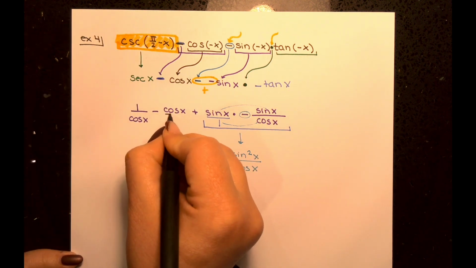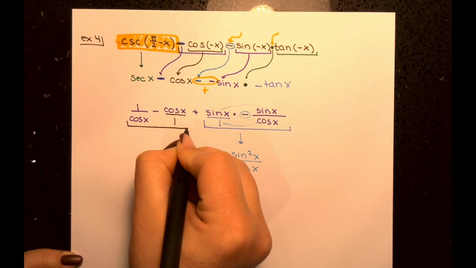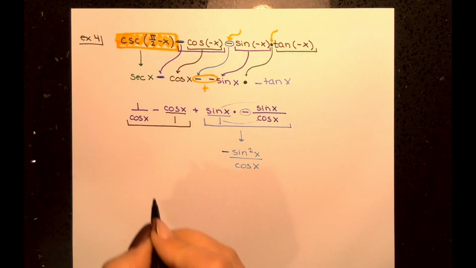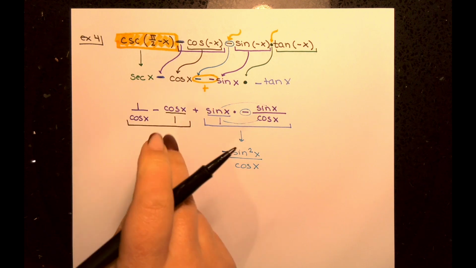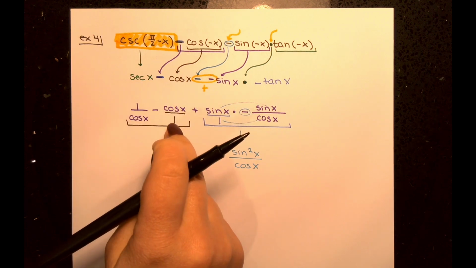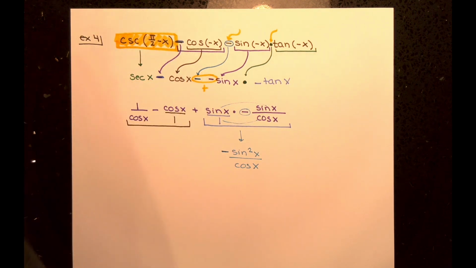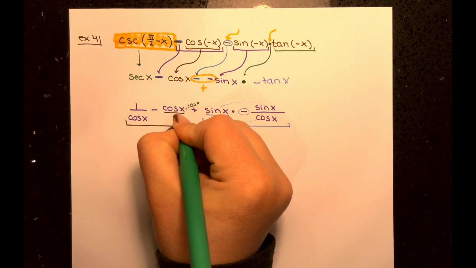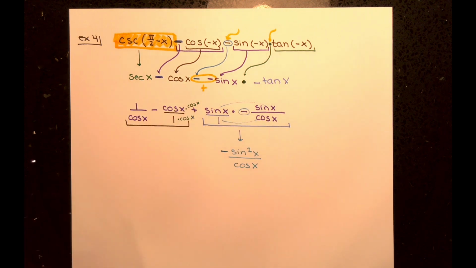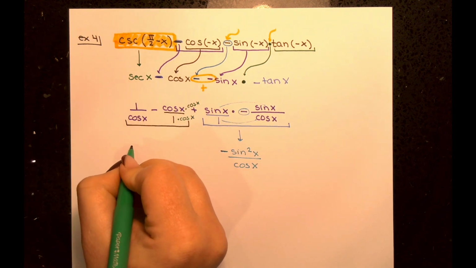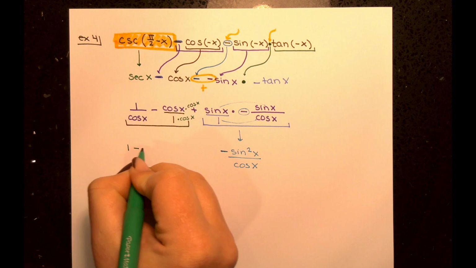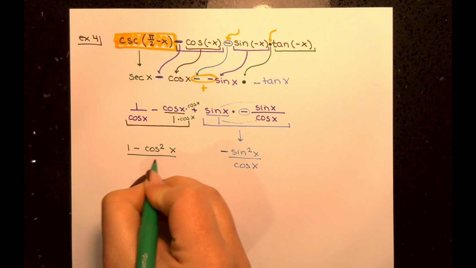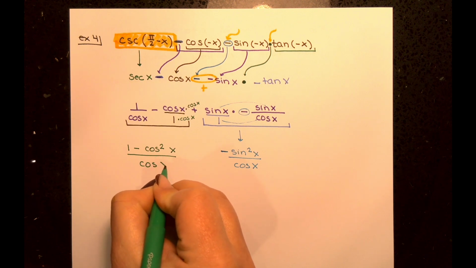Here, I'm going to put a 1 underneath and focus on these two. I have 1 minus cosine, but we do not have common denominators. So I'm going to have to multiply by cosine of x. So I have 1 minus cosine squared of x all over cosine of x.